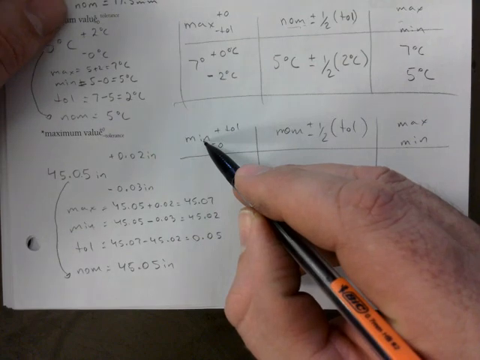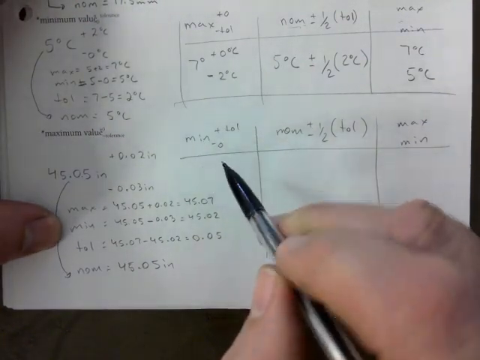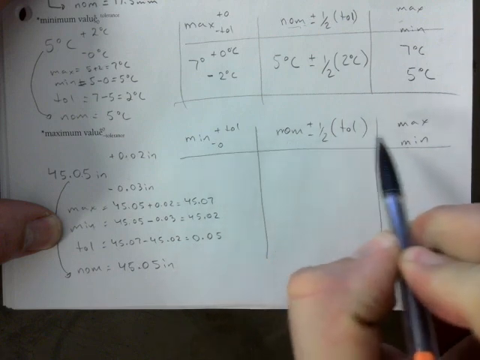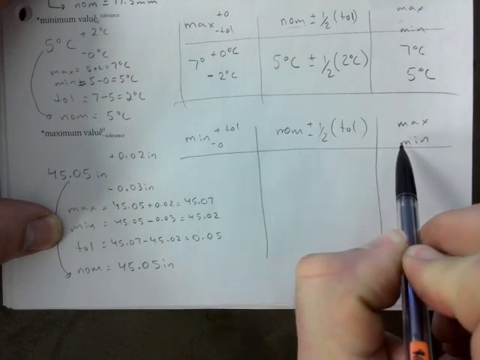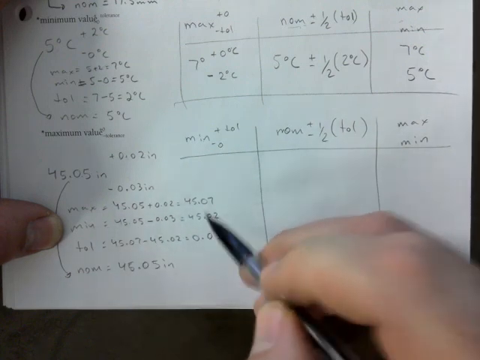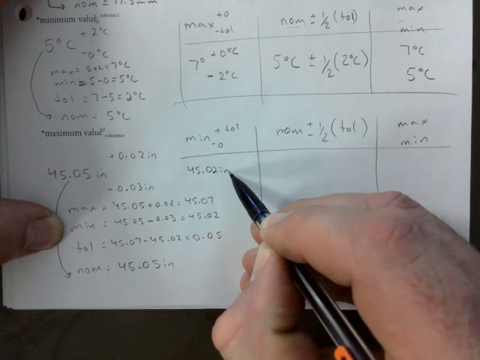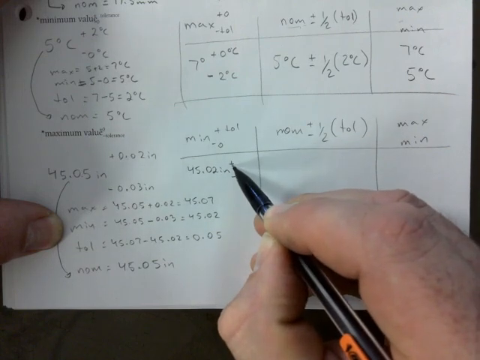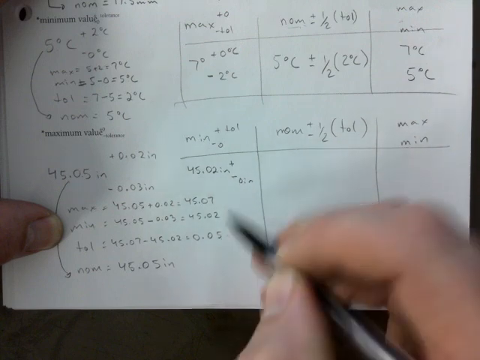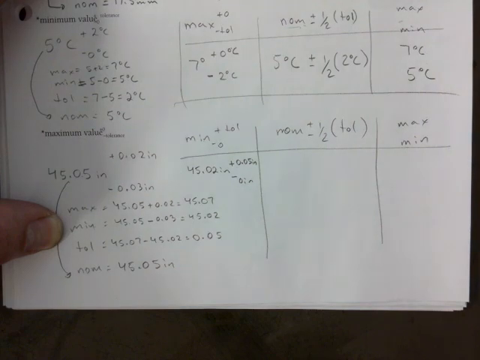So here we go. If you want to write it like this, keep in mind I will not tell you necessarily which one you pick, as long as you have the other three. So the minimum is 45.02 inches minus 0 inches plus, what's the tolerance? 0.05 of an inch. Done.